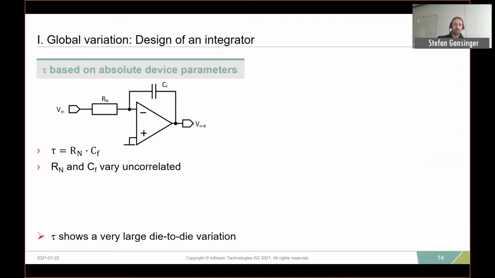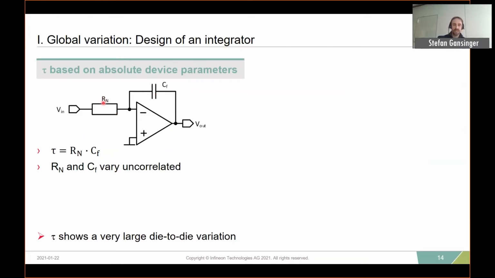The tau of this circuit is given by the product of R and C. If you need an accurate tau, this design is not a good idea to implement this on silicon, because we have a resistor which is fabricated with different processing steps compared to a capacitor. This means that the sheet resistance will have a variation which is completely uncorrelated to the variation of the capacitor. So we will see a large variation of tau from die to die, depending if we have a large or a small capacitor or resistor.